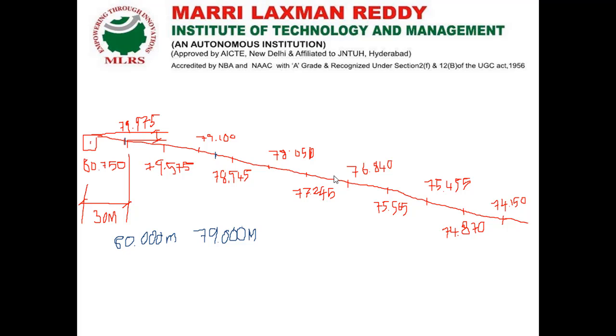Similarly 77 is somewhere here, 78 is also available, and next 76 is also available.